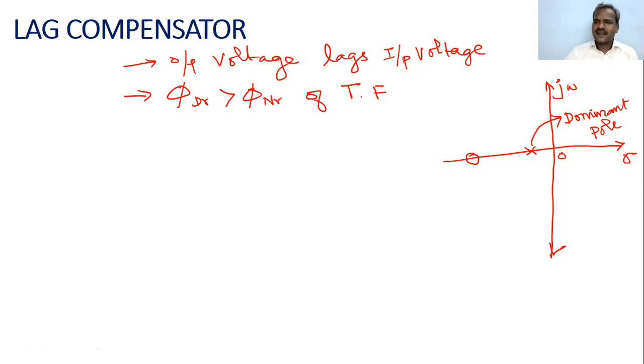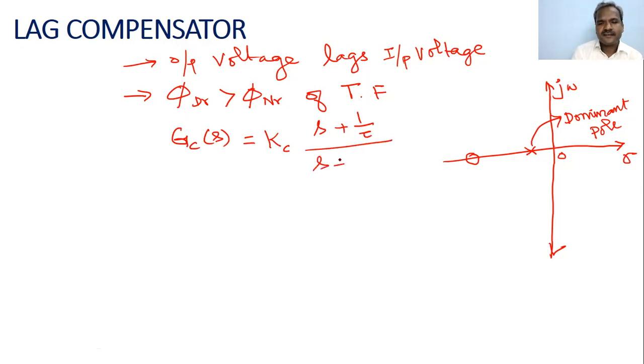So the general transfer function of the lag compensator, similar to the lead compensator, is Kc times s plus 1 by tau divided by s plus 1 by beta times tau, where beta is greater than 1.